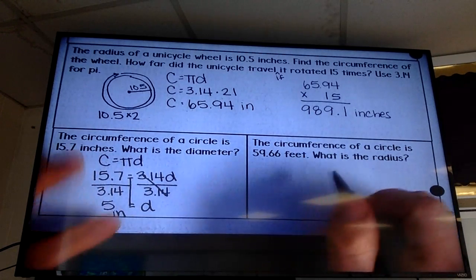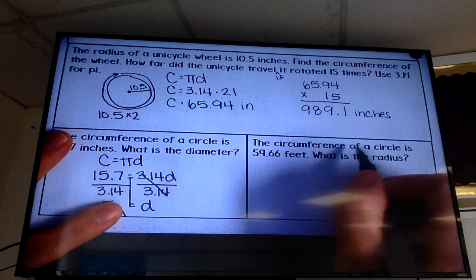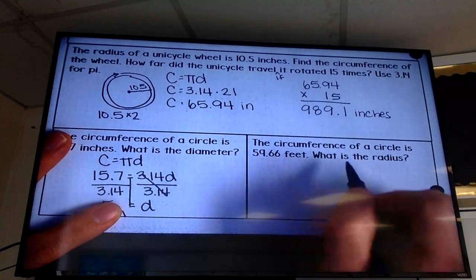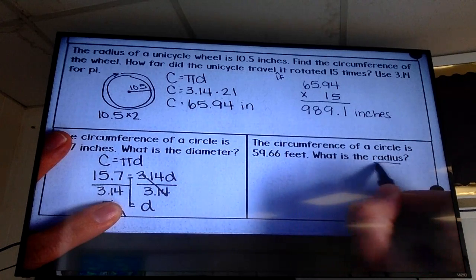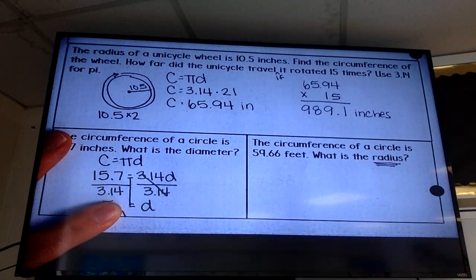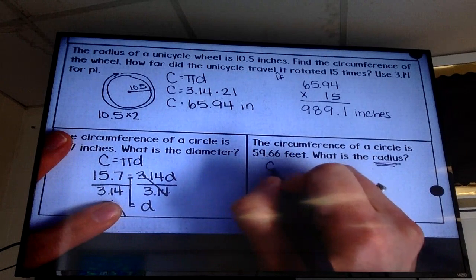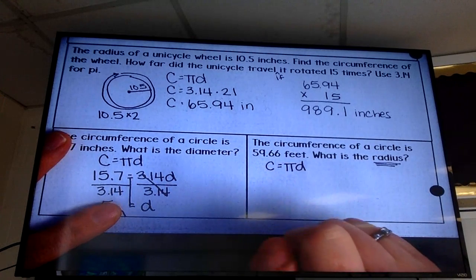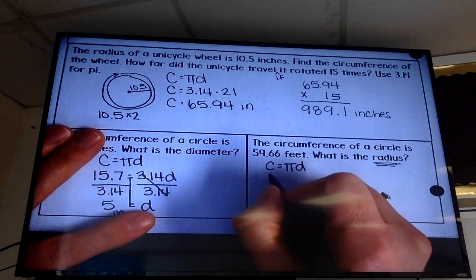Let's try that working backwards again. The circumference of a circle is 59 66/100 feet. What is the radius? Ooh, all right. So start with our circumference formula. Circumference equals pi times diameter.